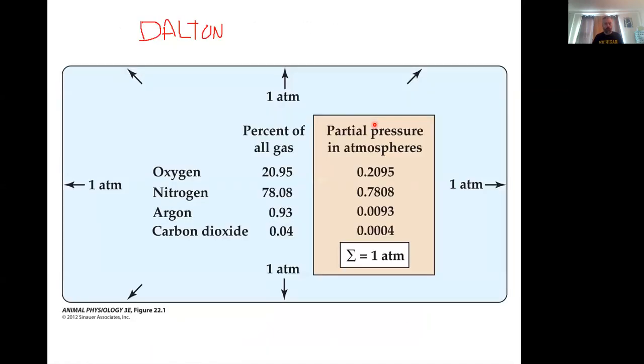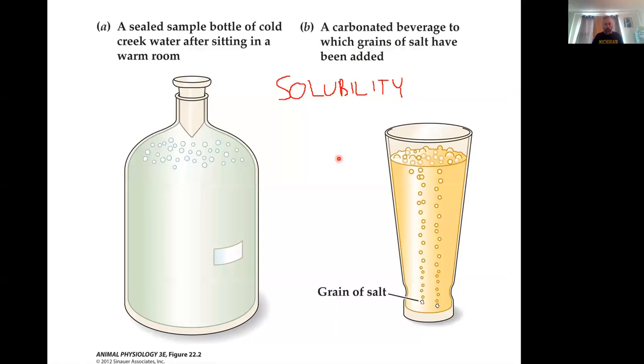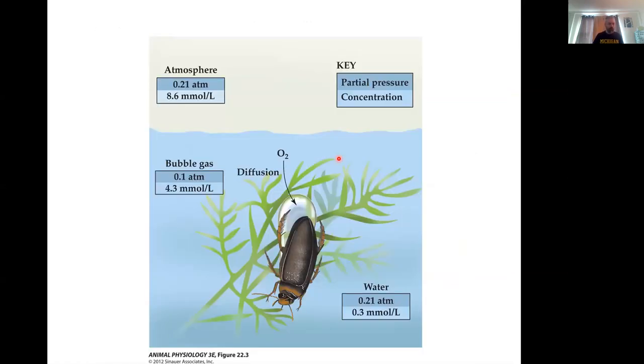So the reason that we care about Dalton's law of partial pressures, about solubility, about all these things, is that unlike most other things, for example when we're talking about transport and getting sodium across a cell membrane, diffusion occurs entirely under concentration. But for gases, it's entirely under pressure, and those are not necessarily the same thing, right?